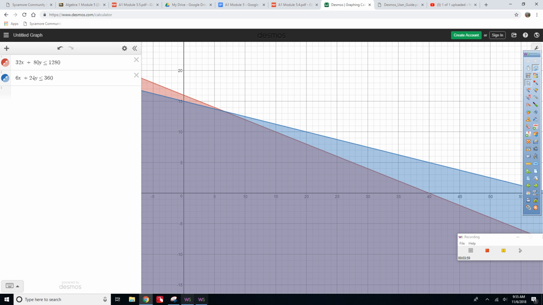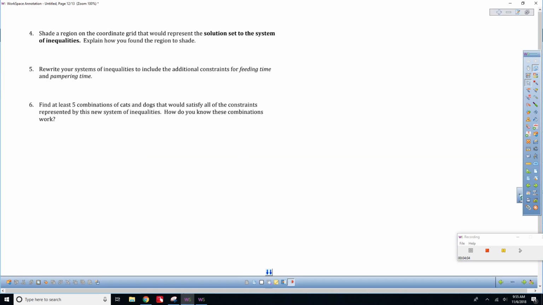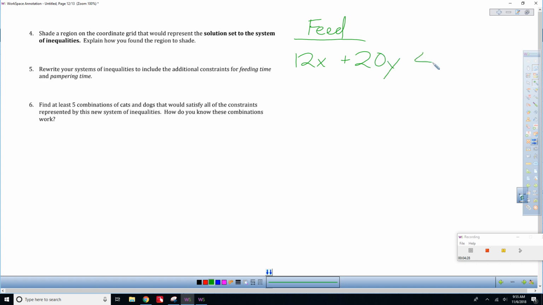So, let's go back now to the worksheet. Rewrite your systems of inequality to include the additional constraints for feeding time and pampering time. So remember, this is just from the previous lessons. Our feeding time constraint was 12x, so 12 minutes per cat, and 20 minutes per dog, and that has to be less than or equal to 8 hours, which was 480 minutes per day.